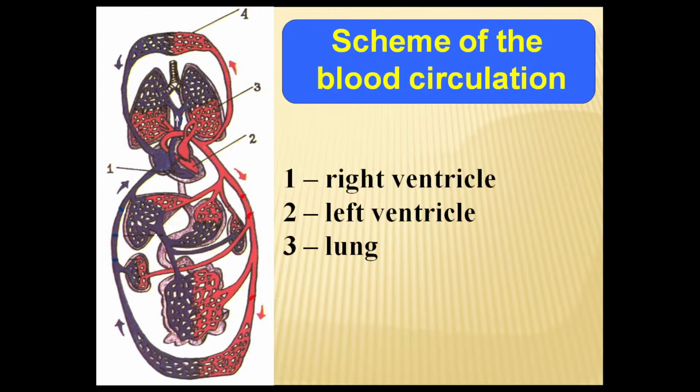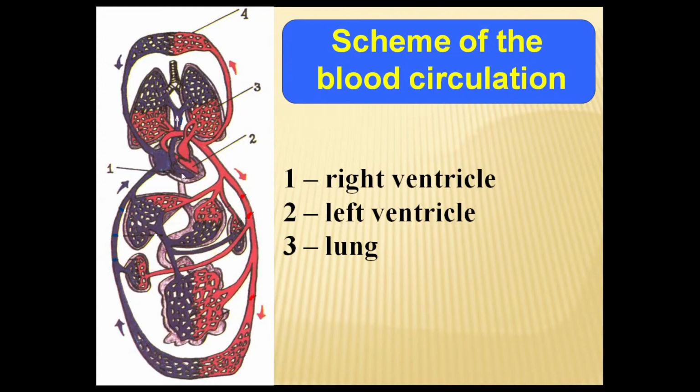And first of all, I want to remind you of the scheme of the blood circulation. We distinguish three types of blood circulation. Greater circulation, which starts from the left ventricle, controls blood supply to all inner organs and finishes in the right atrium.